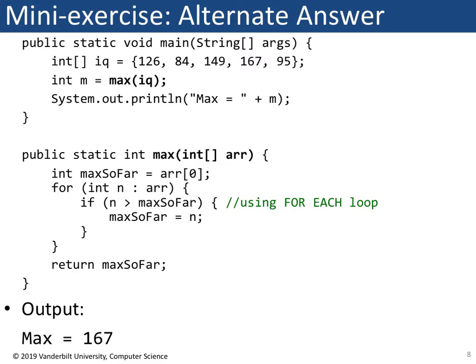If we need to write values to the array, then it becomes less feasible to use a for each loop. Because though n takes on the value of each element in the array, if we change n, it will not change the element in the array.